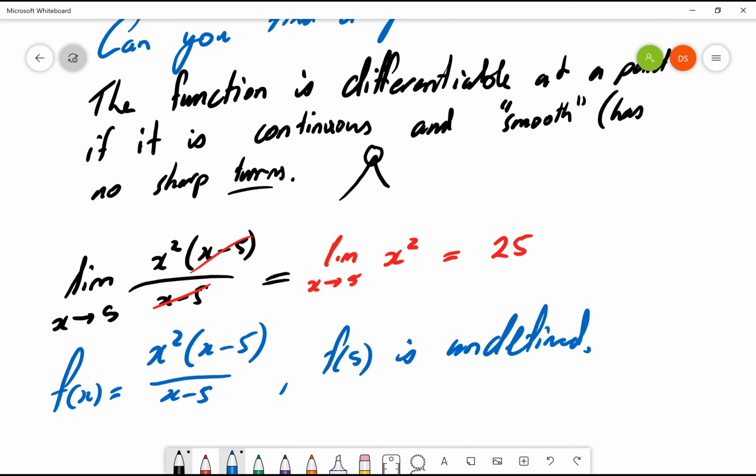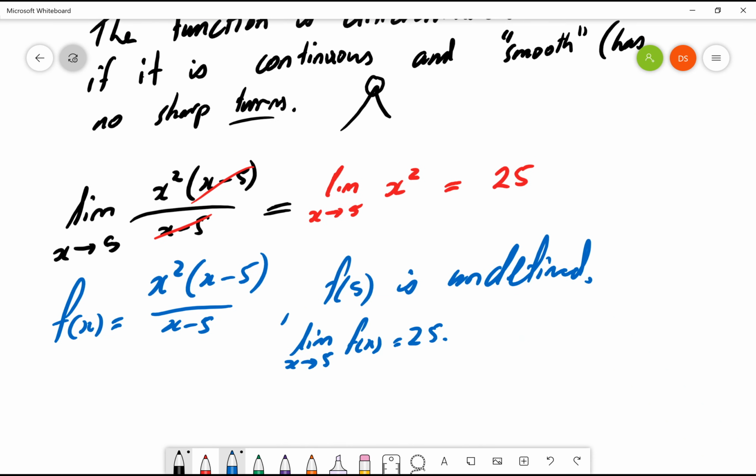Ain't that crazy? Whereas the limit as x tends to 5 of f of x equals 25. That is wild maths. And this function is not continuous because it has a hole at 5, and it's not differentiable because it has a hole at 5.